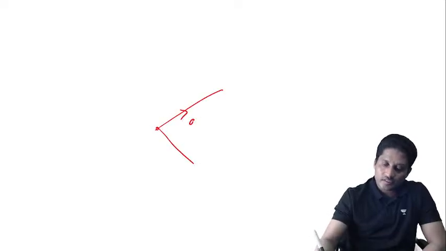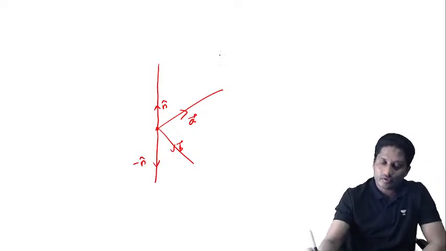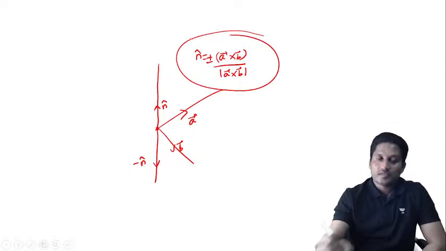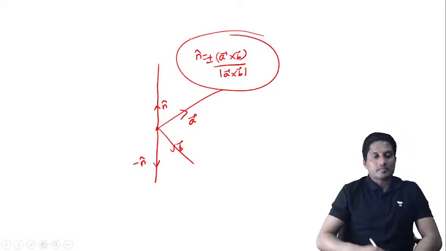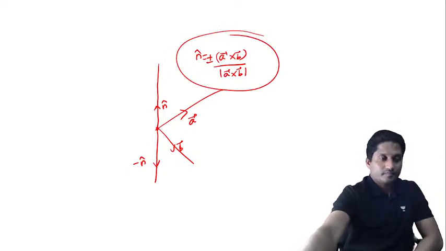Suppose this is A, this is B, this is n cap. If I take the same vector which goes in the opposite direction, this is minus n cap. The unit vector perpendicular to both A and B is n cap is equal to plus minus A cross B divided by mod of A cross B. Is it okay? So n cap is equal to plus minus A cross B by mod of A cross B only.